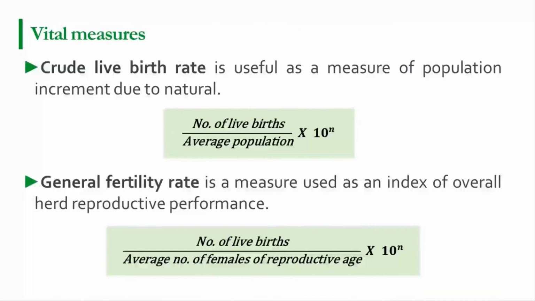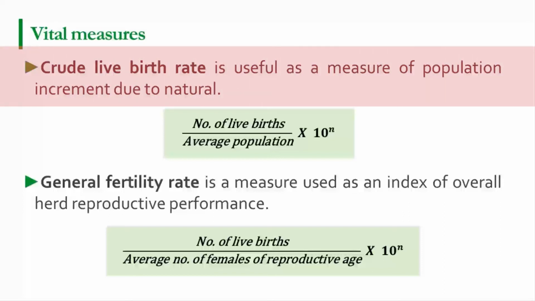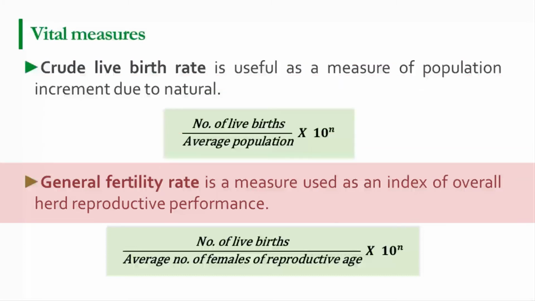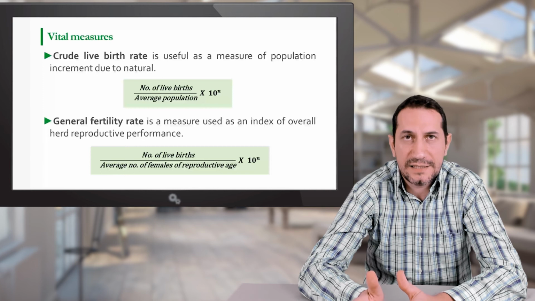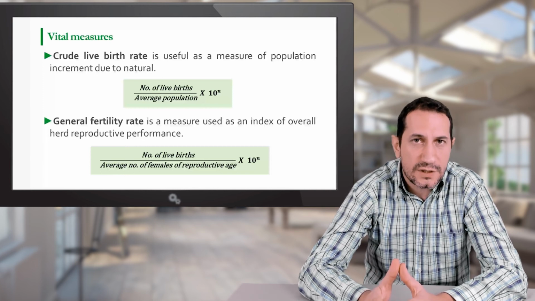A few more examples of very specific measures would be vital measures, which are the crude live birth rate and the general fertility rate. These are production-related measures, not directly linked to the disease or to mortality, but are still useful as measures.